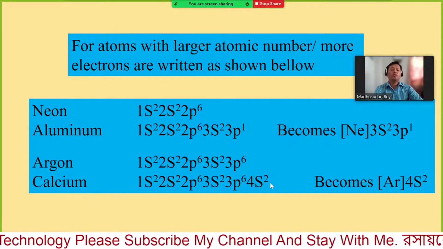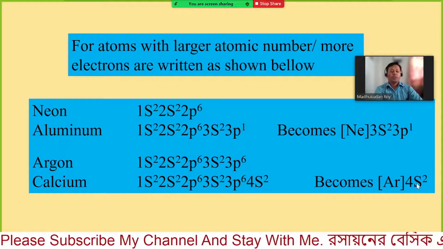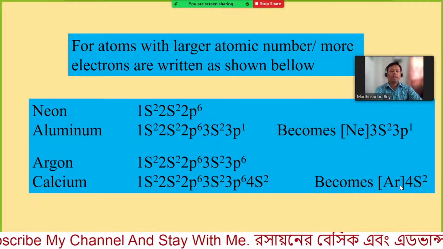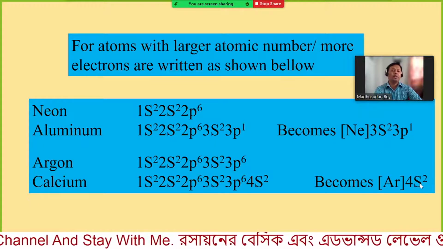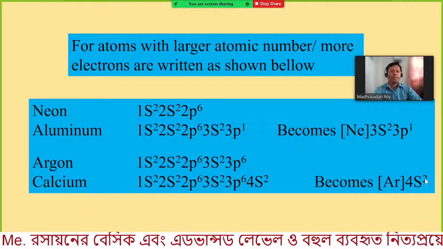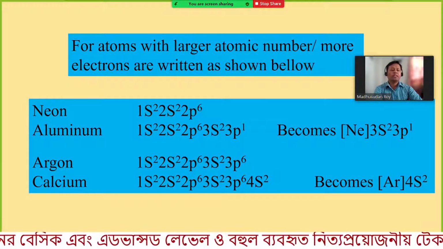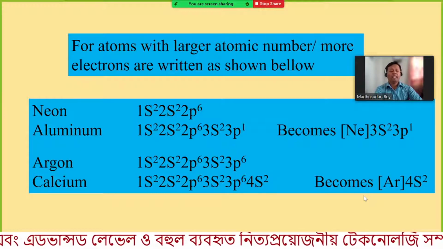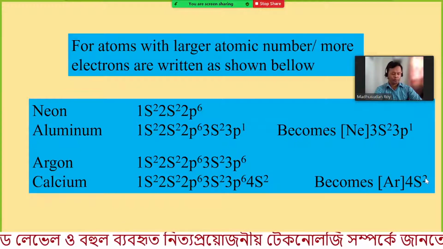In that case, the valency can be calculated because it has 2 electrons in the outermost shell. Therefore, we can estimate the valency of calcium is 2.